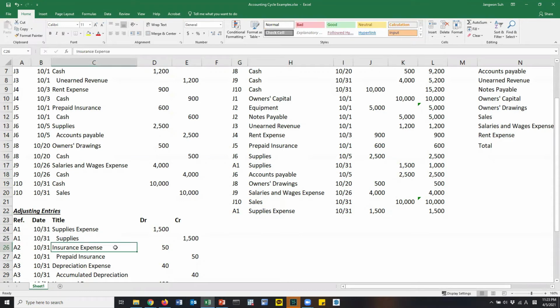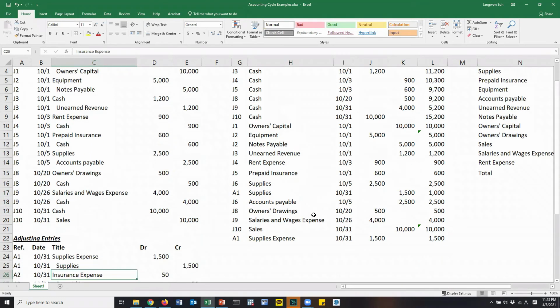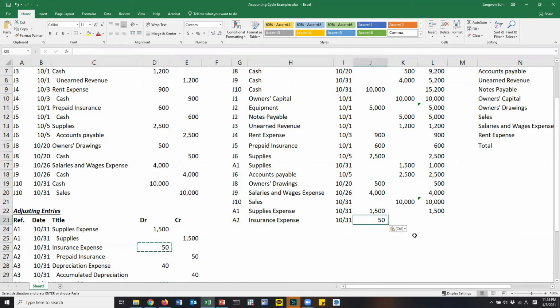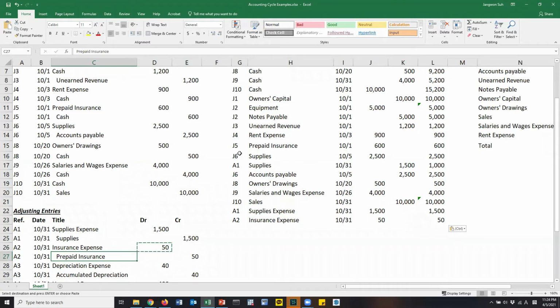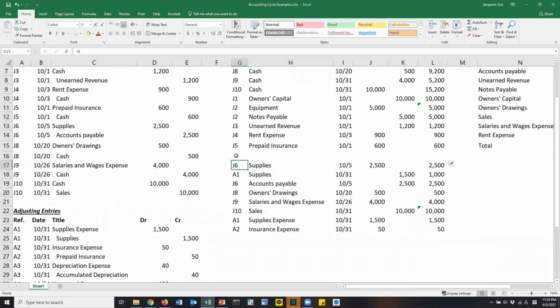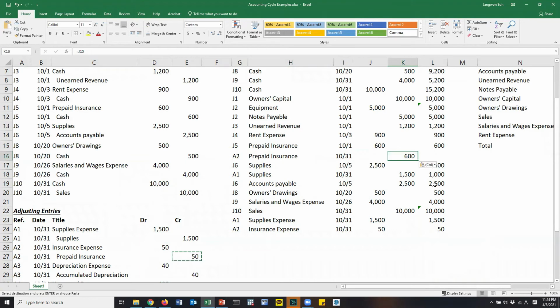Let's move on to insurance expense. Did we have it here? I don't think so. So let's create a new one. Insurance expense. Okay, date here and debit side. Then prepaid insurance. Did we have it? Yes, we had it. So let's insert a line and prepaid insurance for this date, and for the balance 50.